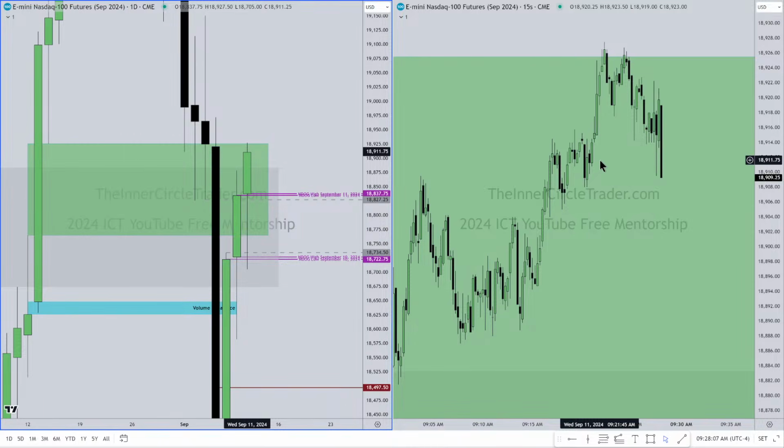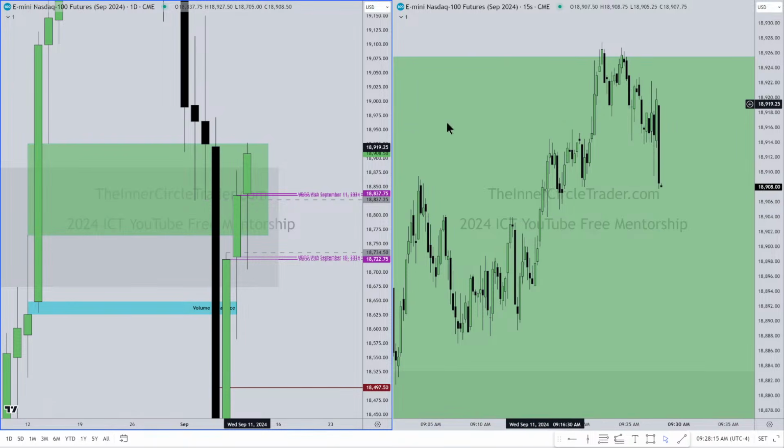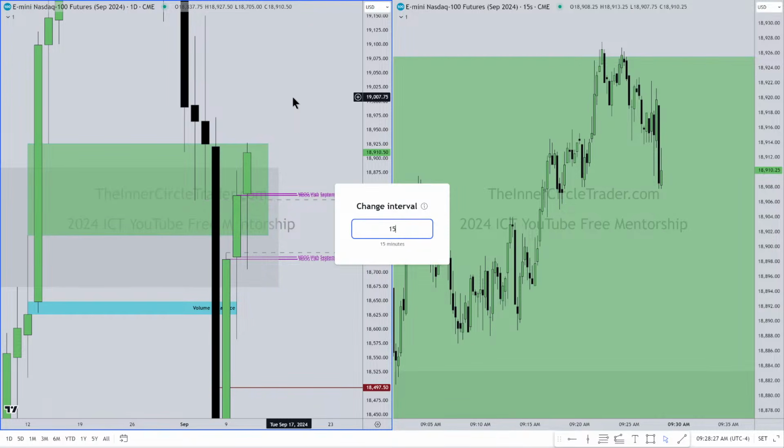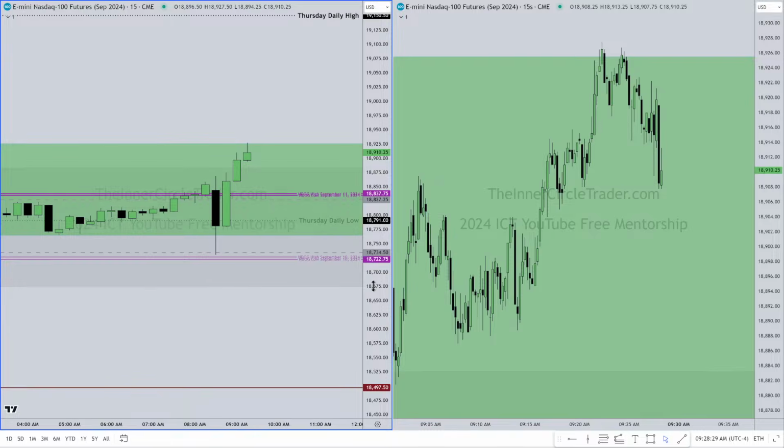Another 2 minutes or so, we'll have the opening bell. This is a 15-second chart over here on the right-hand side. Go down to 15 on the chart on the left.